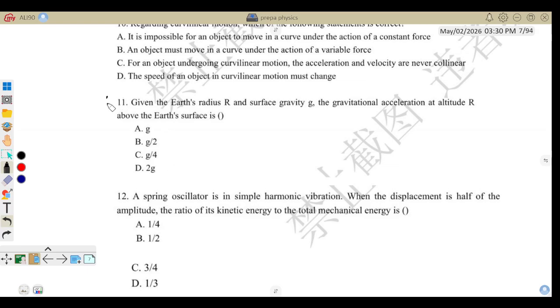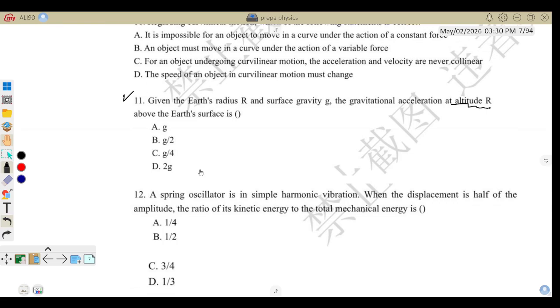So question 11 here: given the Earth's radius R and surface gravity g, the gravitational acceleration at altitude R above the Earth's surface is it g, g/2, g/4, or 2g?